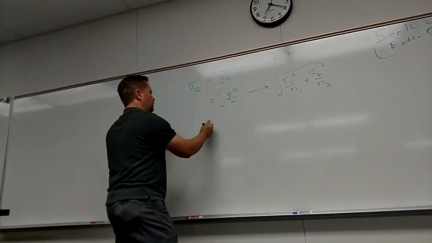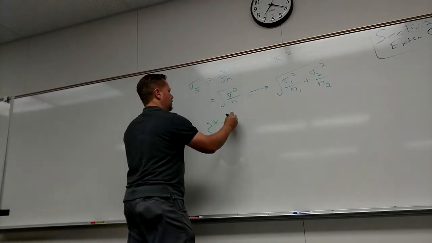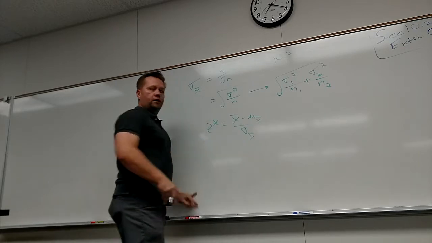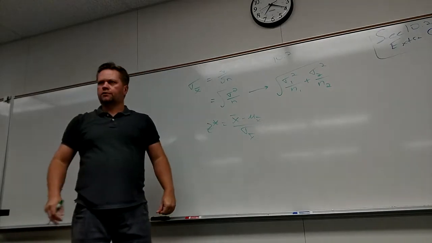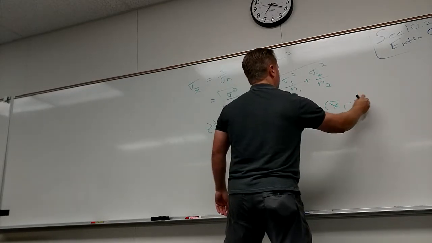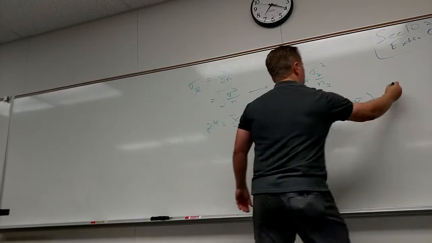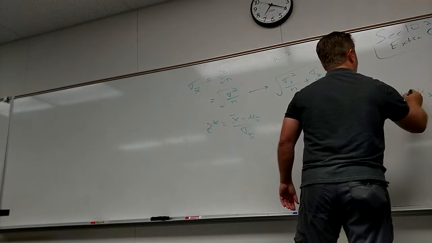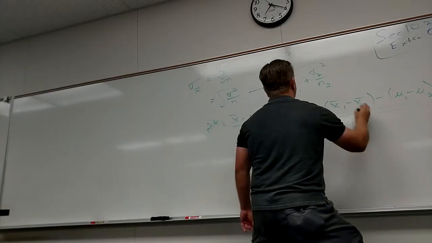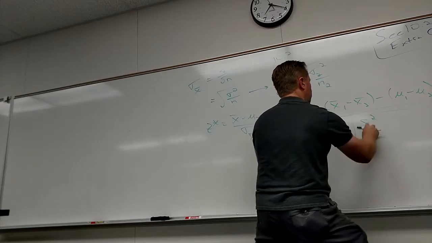So normally Z star in the past was X bar minus the mean of the X bars divided by the new standard deviation, right? That's what it was. So now it's the same thing. It's going to be the difference between the 2 samples minus the difference between the 2 populations divided by big-ass square root. In fact, let's be more specific. Let's put S's in there.